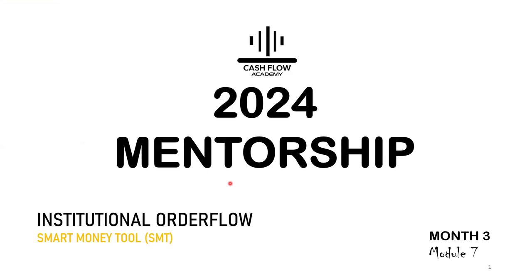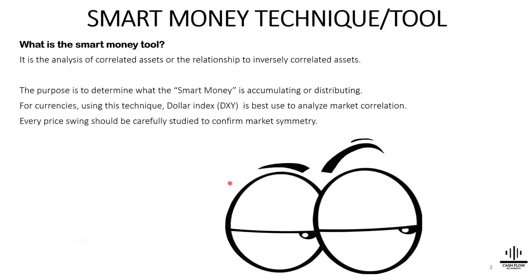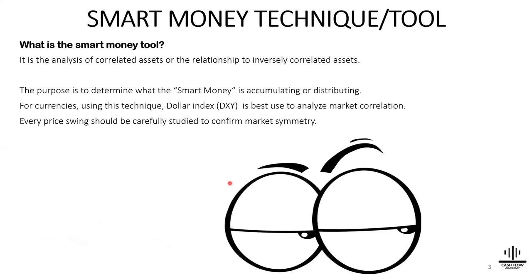So today we're going to talk about the smart money tool, or you can also call it the smart money technique, the SMT. What is the smart money tool or smart money technique? It is the analysis of correlated assets or the relationship to inversely correlated assets.